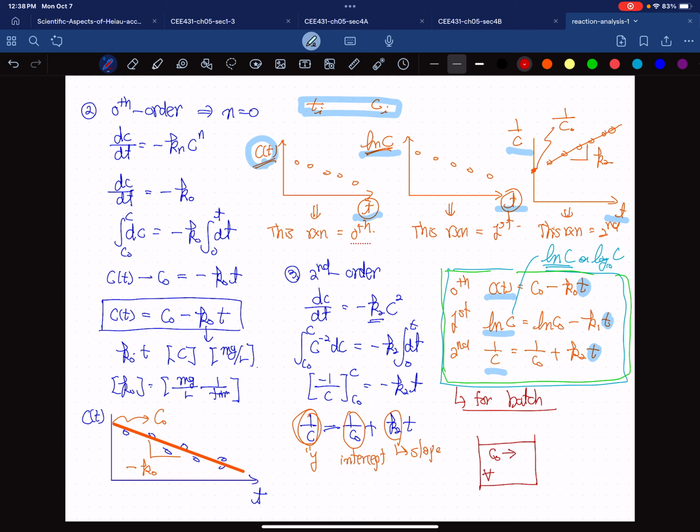As time goes on, C is decreasing. So there's no input, there's no output. Batch is an isolated system, and we can just let it start and measure the concentration at a given time t. That is what batch is.